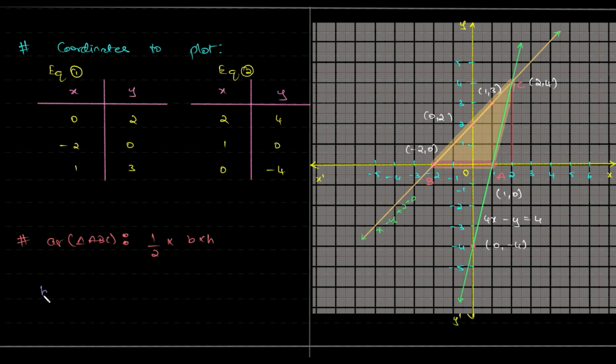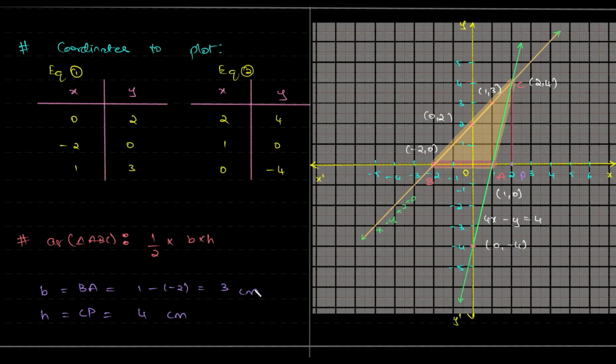In this case, base is BA. That would be equal to 1 minus of minus 2, which is 3. And height is C. We can call this point P. CP is equal to 4 minus 0, which is 4 centimeter.